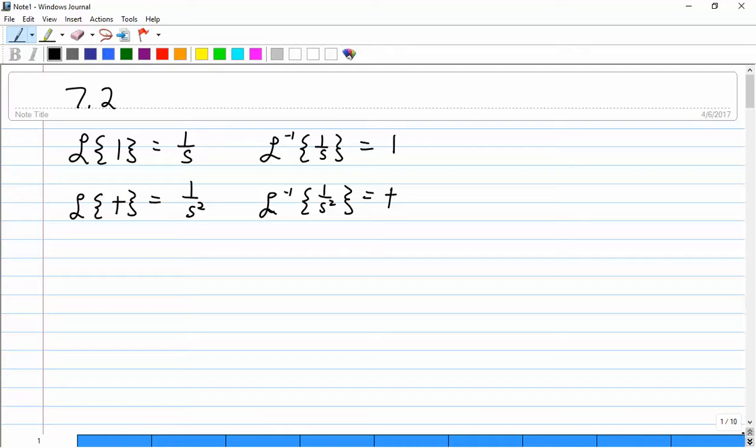However, what would happen if, say, we wanted to find the inverse Laplace transform of 1 over s to the 7th power? So you have to think about how you would get the Laplace transform of something and get 1 over s to the 7th.